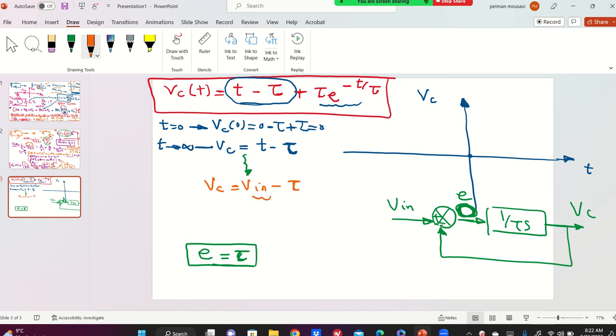So whatever your input voltage is, look at here, guys, here is 45 degrees. This is V in. So the voltage of the capacitor is tau amount lower than the V in. So it's going to be like this. Here we go.